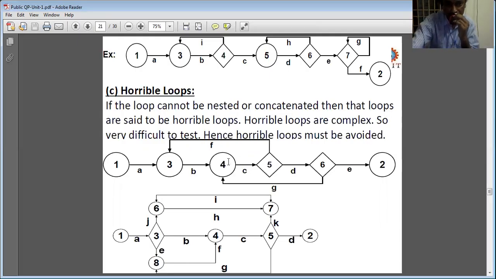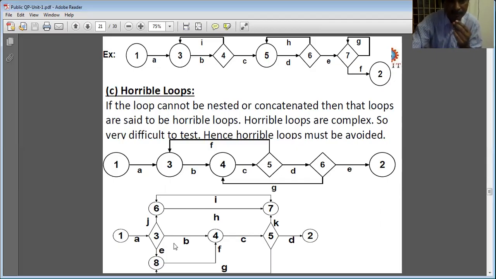So, like this, there is not a proper way. One output, another input is not like that. Here, this is also complicated. You cannot identify the uniformity between the different loops.